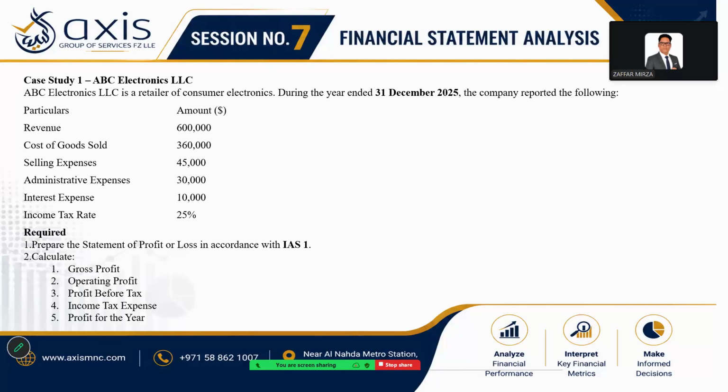Prepare a statement of profit and loss in accordance with IAS 1 and calculate the gross profit, operating profit, profit before tax, income tax expenses, and profit for the year. Please calculate within 1 minute. Don't calculate on the calculator; write down the sales and cost format, fill the format first, then put the figures, then get the answers.